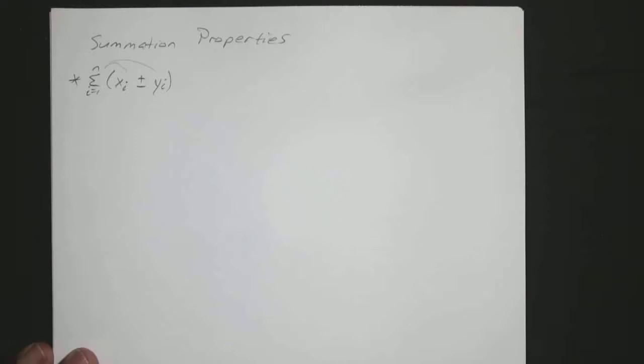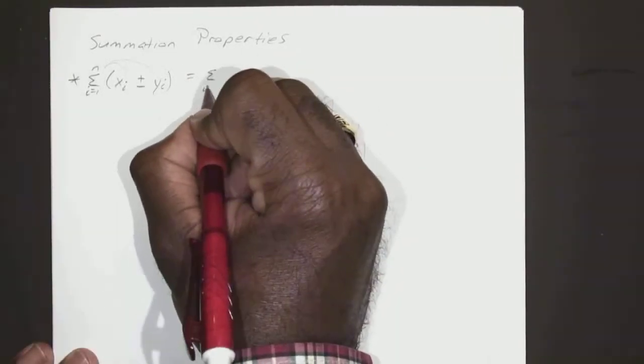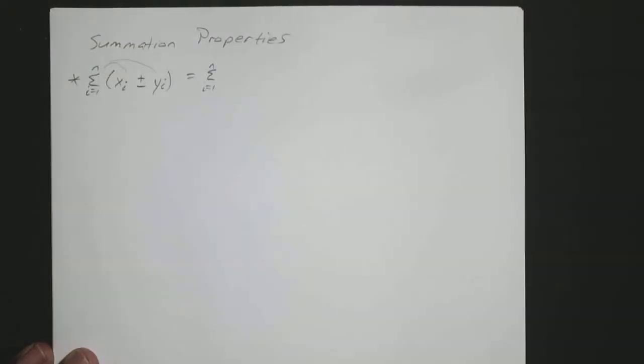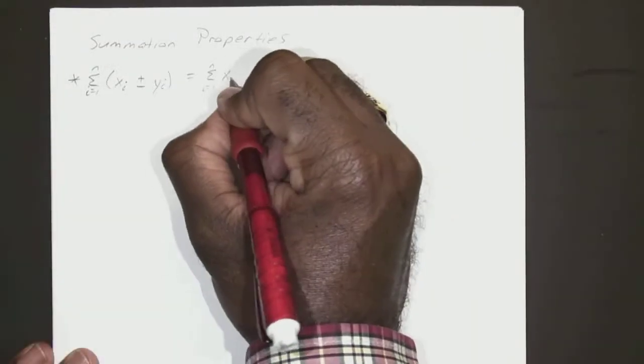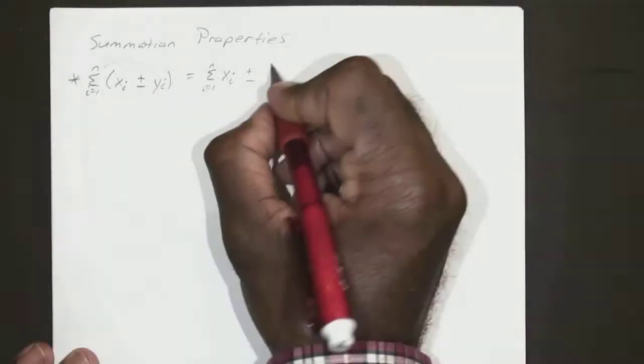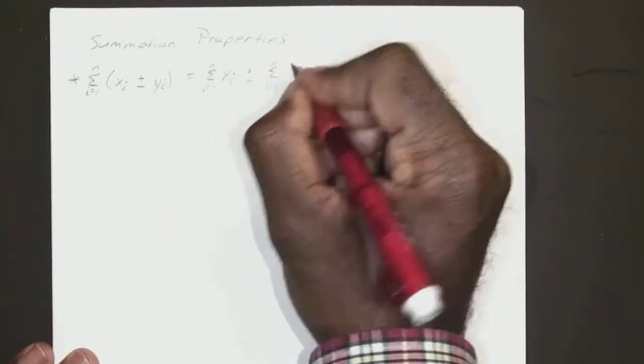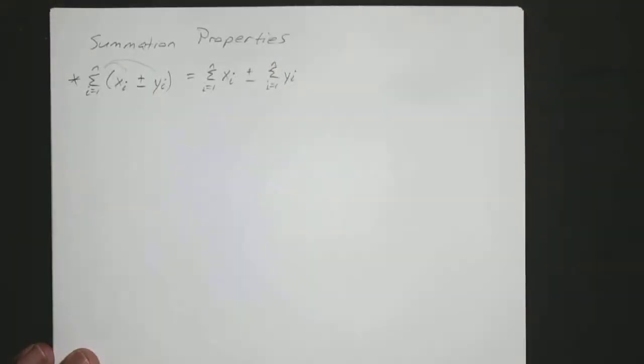You're just going to distribute it to both terms. So it's going to equal the sum from i equals 1 to whatever your upper bound n is of x sub i, either adding or subtracting, both work, the sum from i equals 1 to n of y sub i.